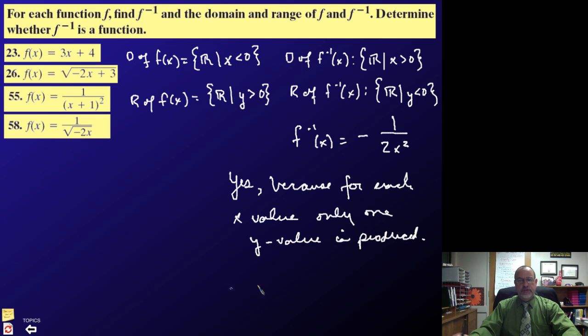So it's a function because for each x value substituted in the expression, we'll produce exactly one y value. So that kind of ties together everything that we've done up until now in regards to inverses. I know it's a lot, but just walk your way through it, do one step at a time, and then when you get to the end, you'll have everything in a nice, neat little package.